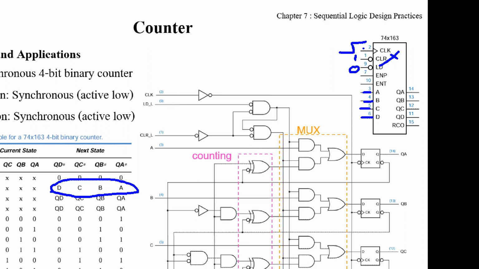When the clock ticks, this counter will read data from DCBA to update QD, QC, QB, and QA. This behavior is called load. Load is reading data, multiple bits, to update at the output at the same time.